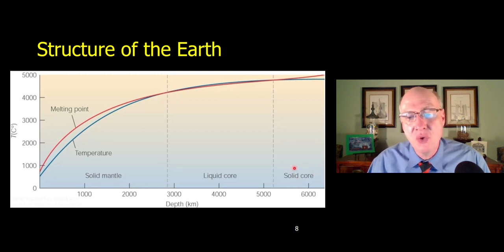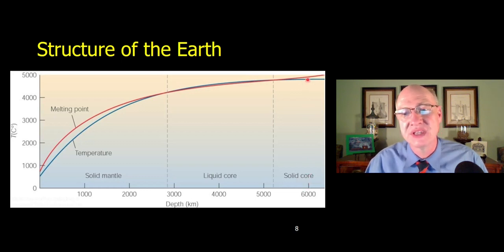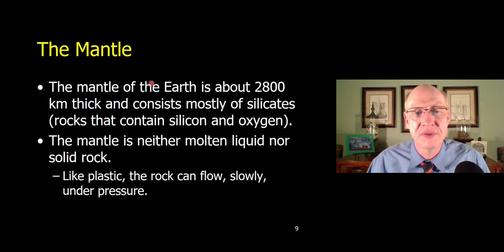So interestingly, even though both the solid core and the liquid core are made of iron and nickel, there is a transition point where it changes from liquid to solid, because as the pressure increases, as we sink deeper and deeper inside the Earth, the physics of how iron behaves changes. And even at 6,000 degrees, the same temperature as the surface of the sun, the iron is a solid down there.